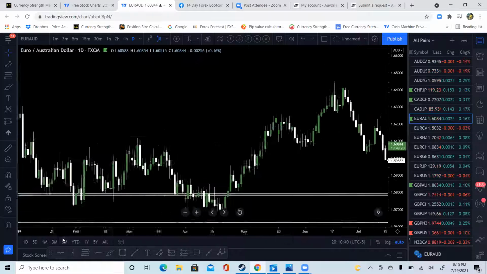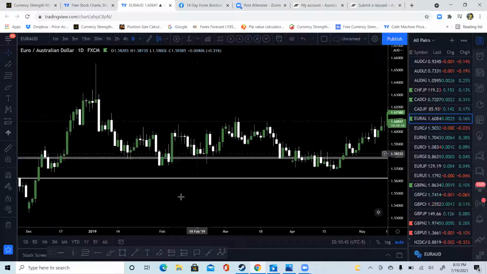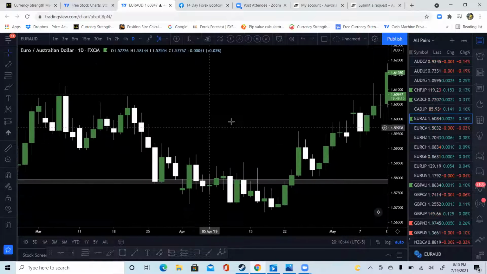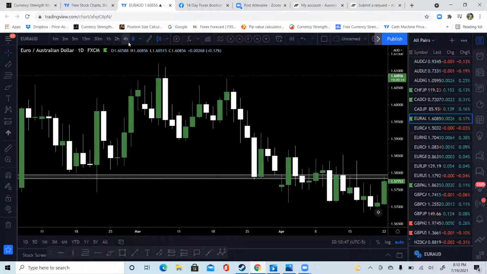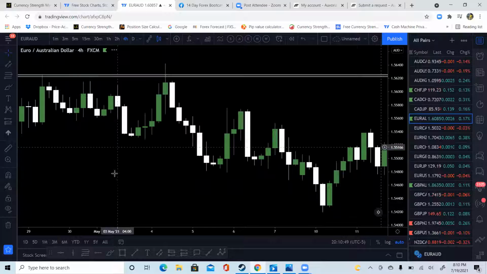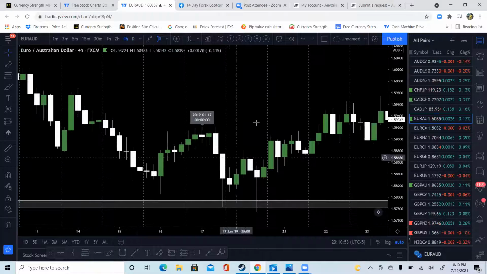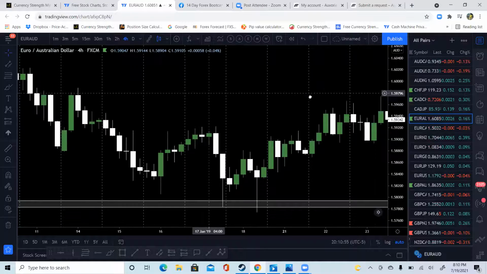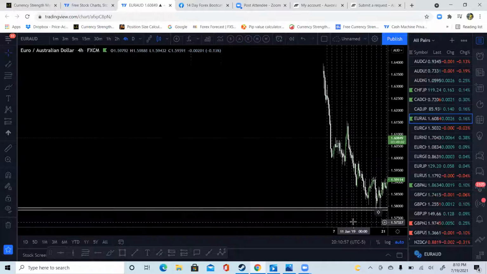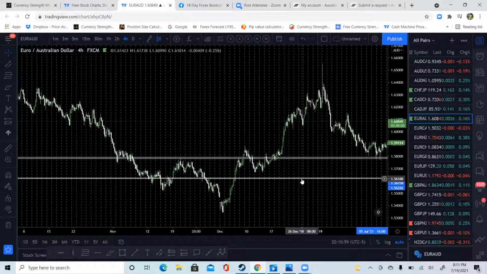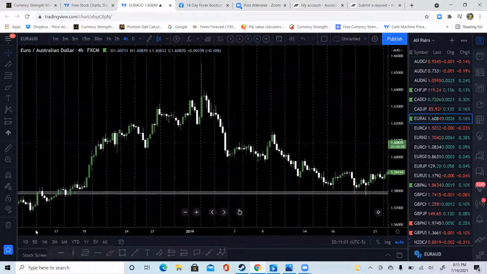So the marking that I did as far as the price magnetization is respected. Oh, let me do it again. We're doing the 4 hour so you can see it better. Zoom out. So let's delete this one so you can see just the one I'm trying to highlight.